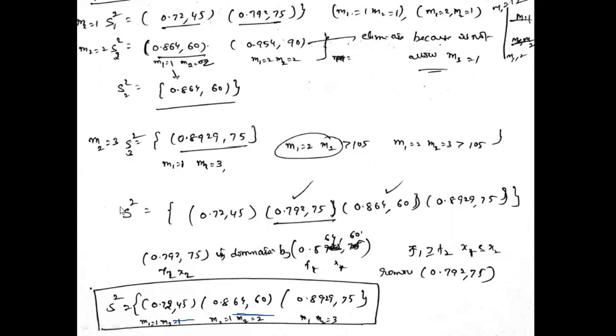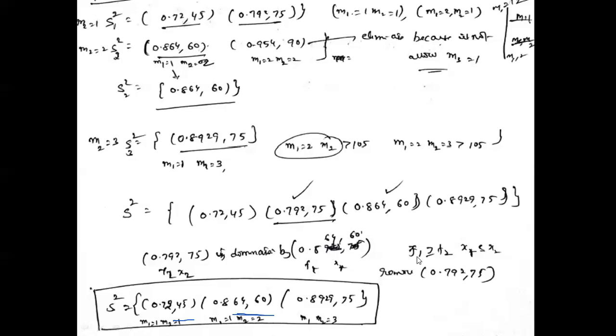So totally, the number of tuples in S square is: the first one 0.72 comma 45, second one 0.72 comma 75, next 0.86 comma 60, next 0.89.